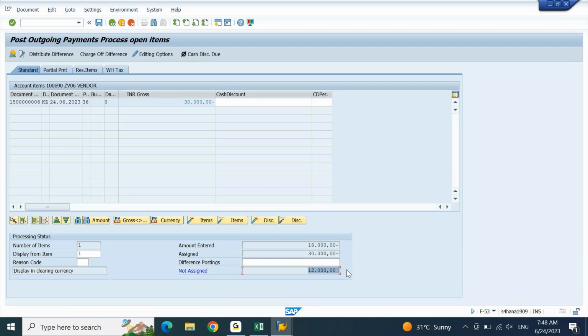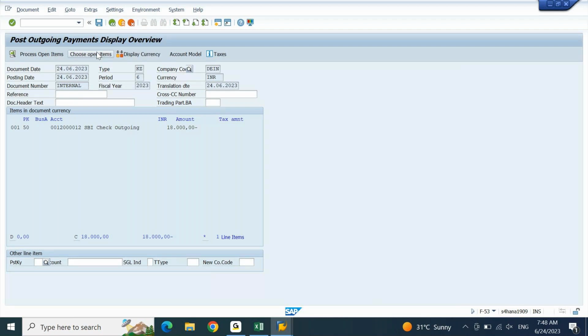Debit. On what basis is it debit? Minus symbol is not there. This is a debit balance. I'll go ahead with your logic. Let me go to charge of difference. If it is a debit balance, posting key is 40. Correct? I'll take this to any one expense account.